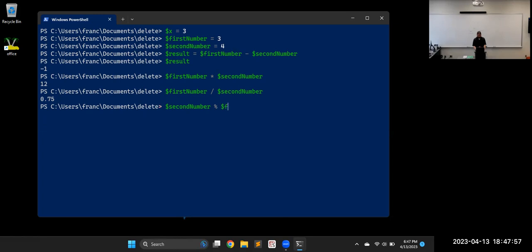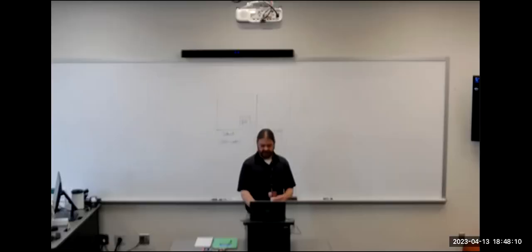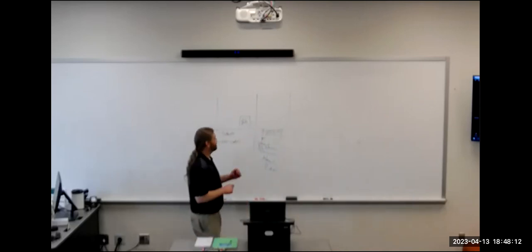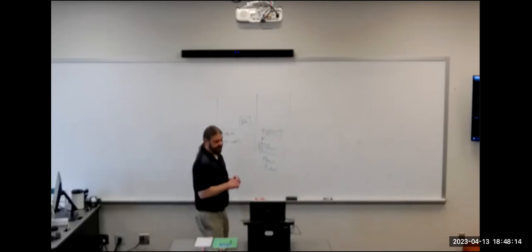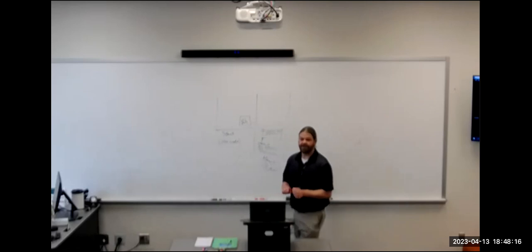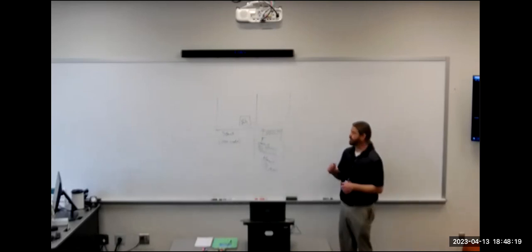So second number mod first number will be 4 divided by 3. Yeah. 4 divided by 3 leaves us a remainder of 1. There's some very useful things for that. They'll probably show up later. That might seem odd at first, but there's a lot of uses for that.